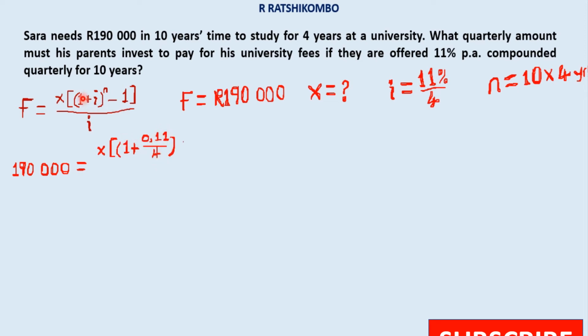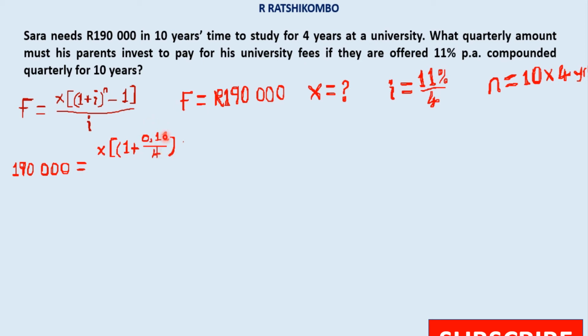So look, this I is replaced now with 0.11 over 4. It's 0.11 over 4, no longer 11, because 11% is the same as 0.11. In other words, 11% is just the same as 11 over 100, and 11 over 100 is the same as 0.11.